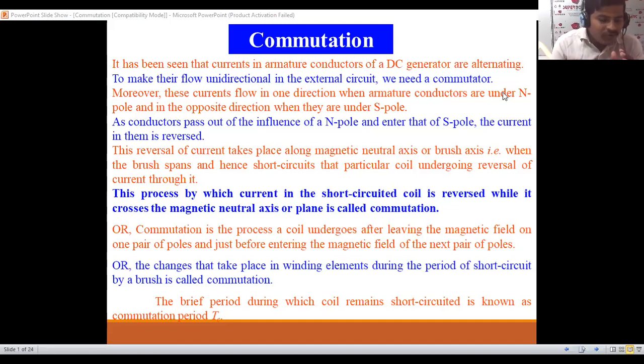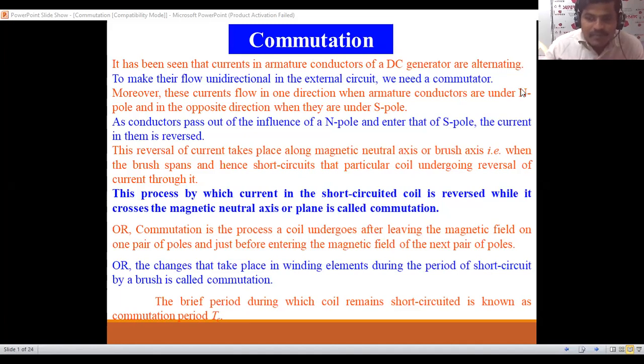So when that conductor or coil passes from one pole to another pole, at that situation a reversal of current happens, and a unidirectional current results. This unidirectional current is nothing but DC current, and this action is done by using the commutator. So the reversal of current in the coil, when the coil passes from one pole to another pole, is called commutation.